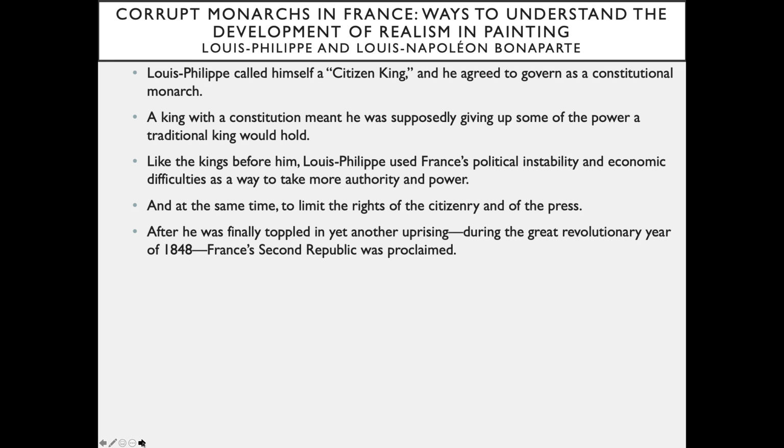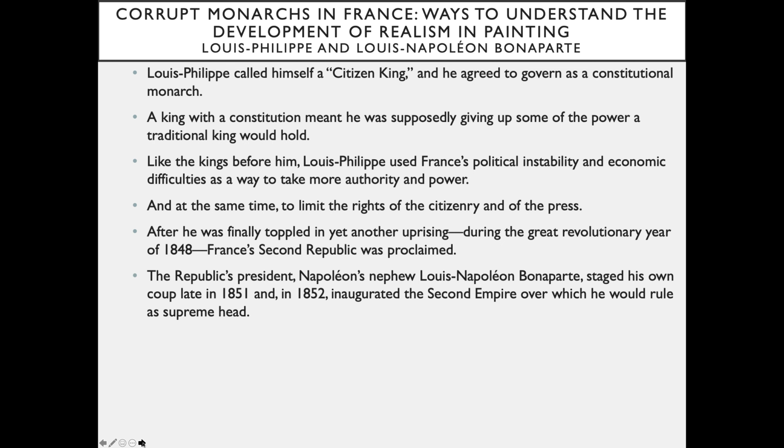After he was finally toppled in yet another uprising during the great revolutionary year of 1848, France's Second Republic was proclaimed. The Republic's president, Napoleon's nephew, Louis Napoleon Bonaparte, staged his own coup late in 1851, and in 1852 was inaugurated the Second Empire, over which he would rule as supreme head.